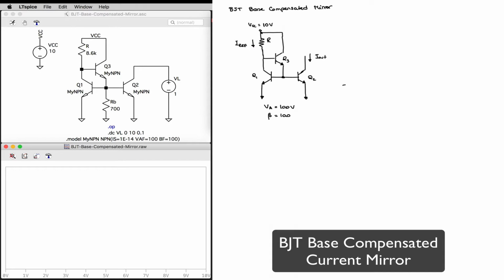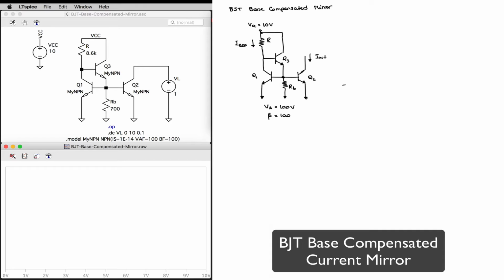We can do that by adding a biasing resistor. I'm going to call it RB for biasing resistor, and the purpose of that resistor is simply to increase the collector current of Q3 to a value comparable to the current through Q1 and Q2.